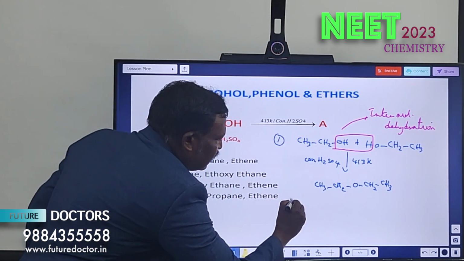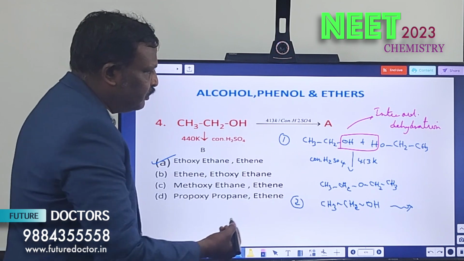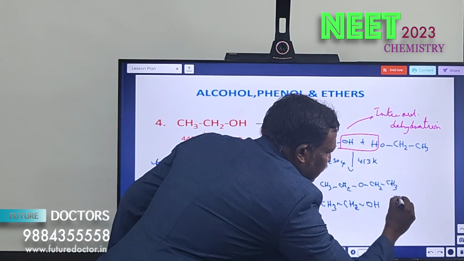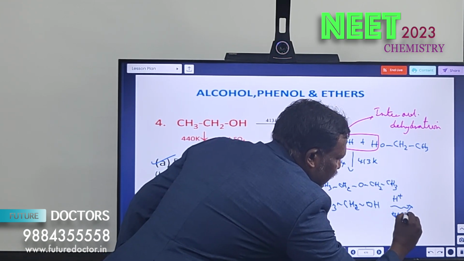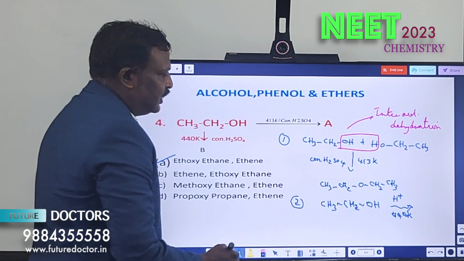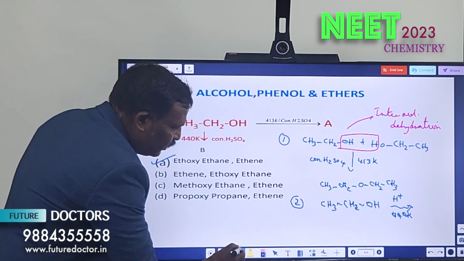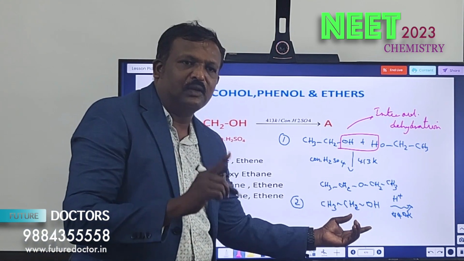The second one is at 440 Kelvin. Here also dehydration takes place. If you put sulfuric acid, I simply put H plus. The temperature is 440. Here one molecule of water will be removed, within one molecule.